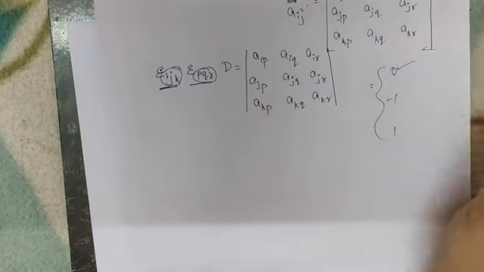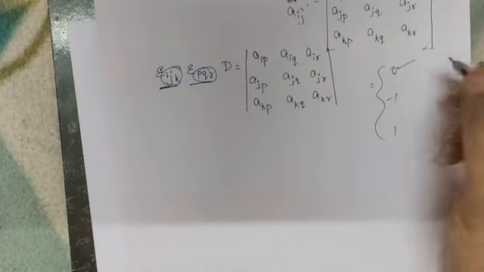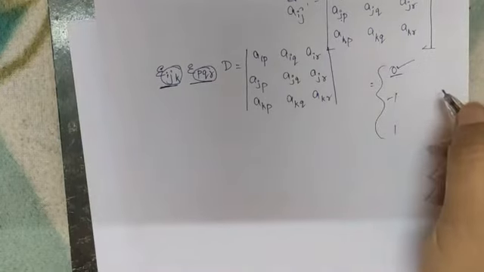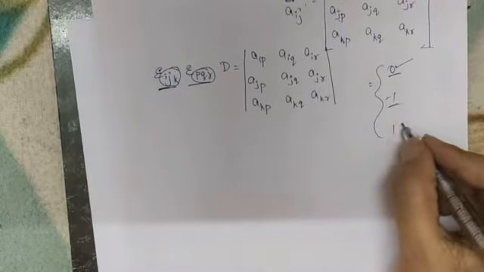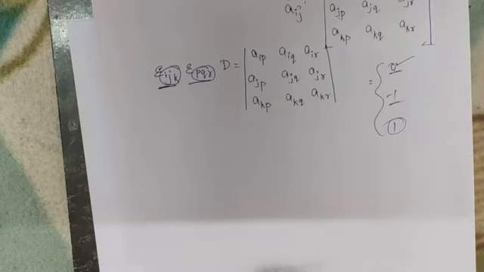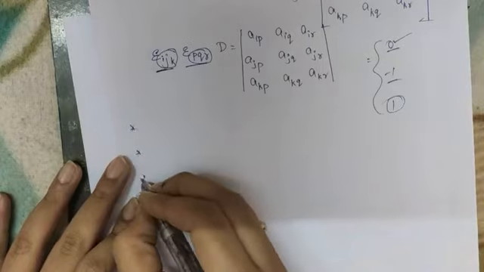When two or more suffixes are equal, the value of epsilon ijk is 0. If it is in acyclic order, then the value is -1. If it is in cyclic order, then the value is +1. This is from the definition of the epsilon ijk symbol, right? So using that, we will be having 3 cases now.